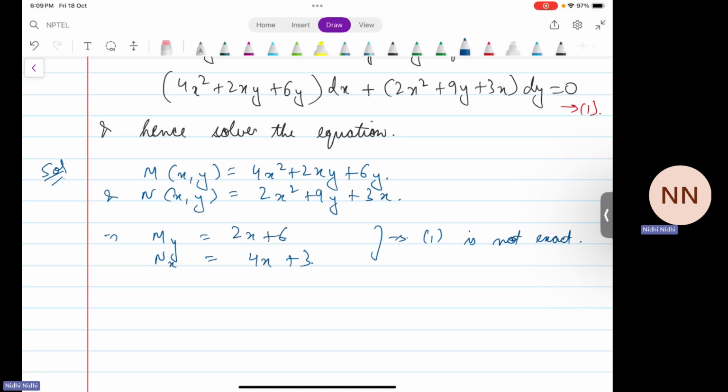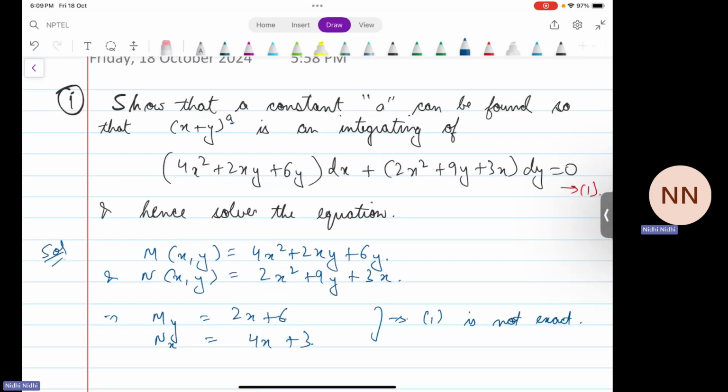Now, we need to show that such an a exists. That means if we can find a so that (x plus y) to the power a is an integrating factor, we are done.